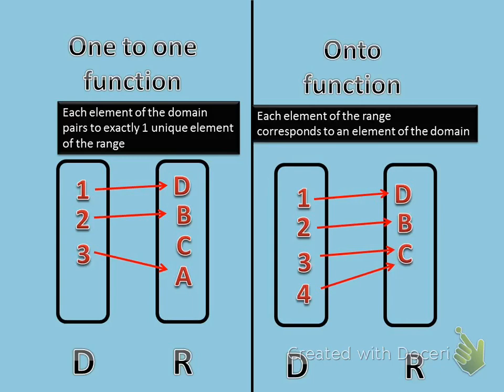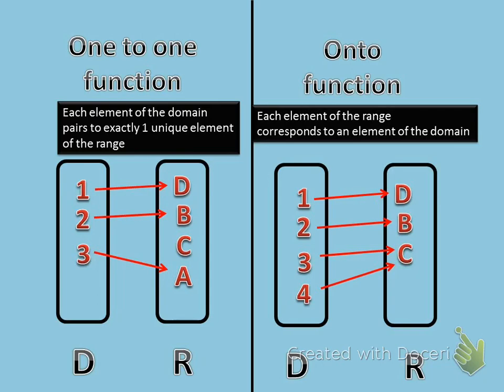Each element in the x's pairs up with one unique element of your y's. Okay, what's unique mean? Different. You're different. You're unique. You're not the same. Okay? So that means to be one-to-one, each x has to be to a different y. Okay?